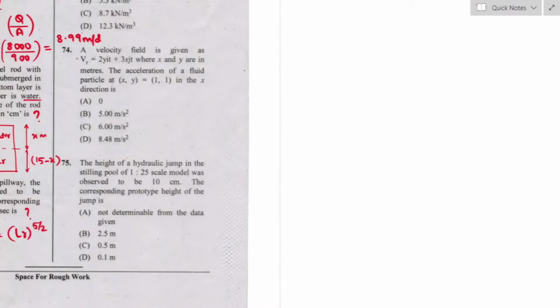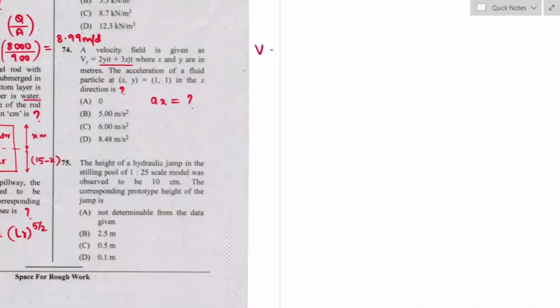Question number 74. A velocity field is given as the following equation, where x and y are in meters. The acceleration of the fluid particle at x comma y is equal to 1 comma 1 in the x direction is. So we have to determine the acceleration in x direction.